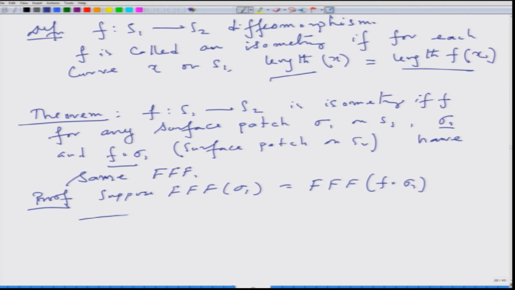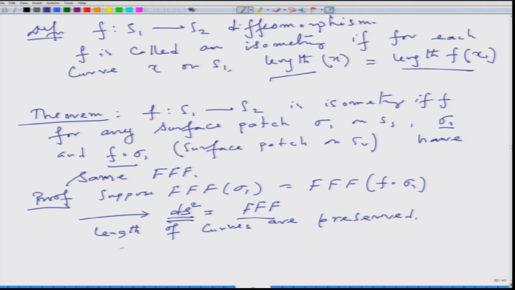Then you will see immediately that, after all, if I take a curve, then ds square is given by the first fundamental form, and since the fundamental forms are the same, this ds square element is the same. So, the lengths of curves are preserved, hence f is an isometry. So, this part is really straightforward.